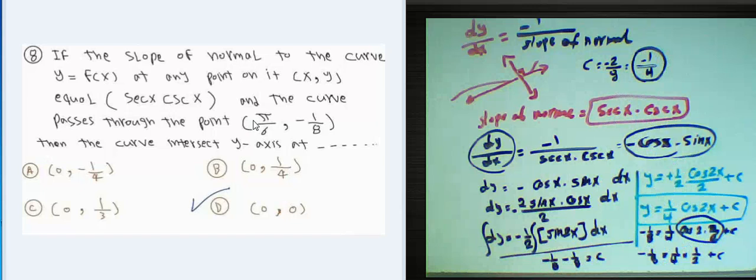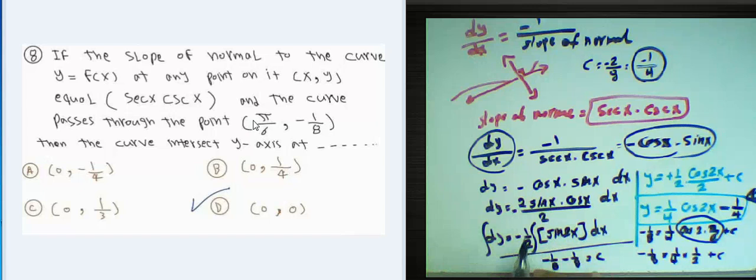This is the constant. Then the equation will be what? y equals 1 over 4 cosine 2x plus the constant, write negative 1 over 4. Okay, this is the equation of the curve. I put the constant equal negative 1 over 4.